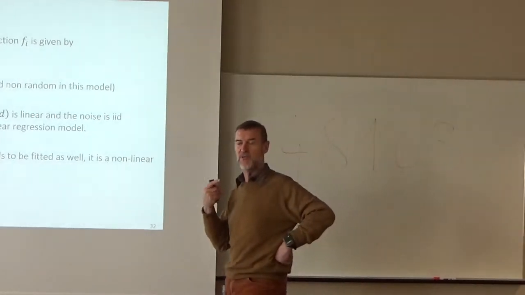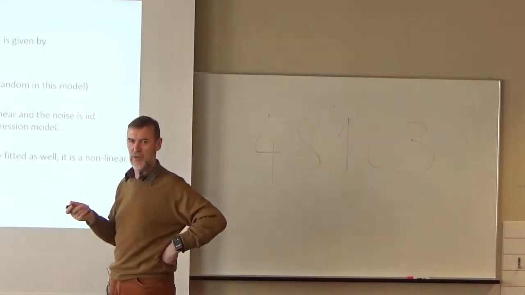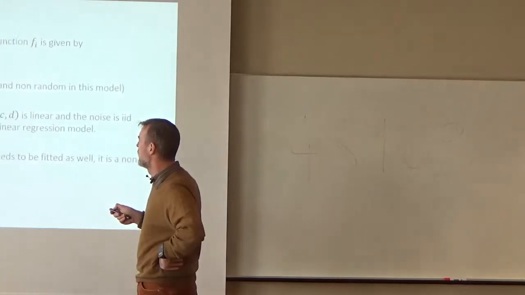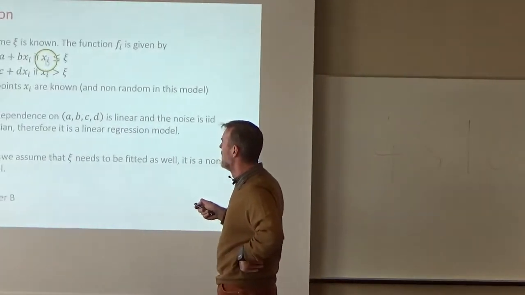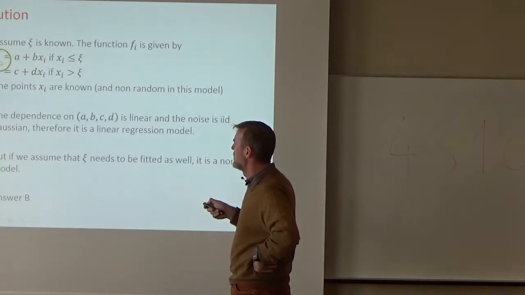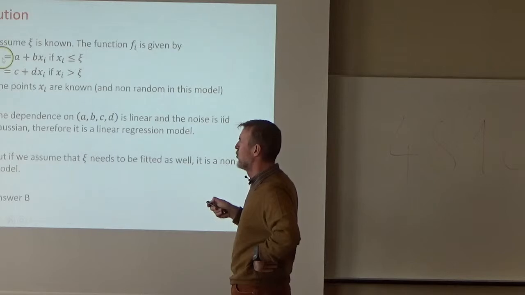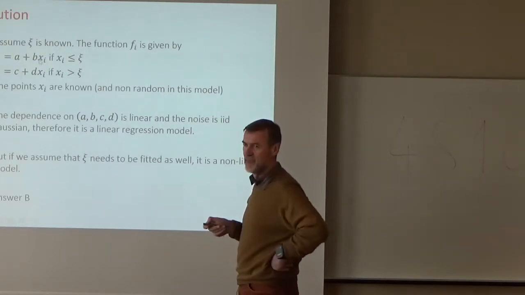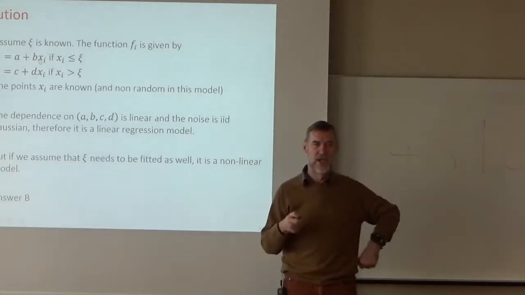The question is, for each coordinate, is it linear in the parameter? So if I look at the first xi, for x1 less than 70, the formula for f1, the true value that we would see if the model were perfectly exact, is a plus b x1. Does that depend linearly on a and b?